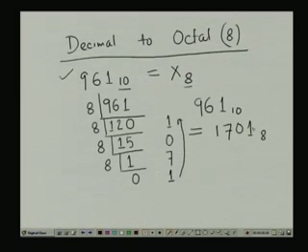And in a similar way I can do the fraction also. Let us take one example. Say some decimal, we take 0.35, and again I want some x in octal.